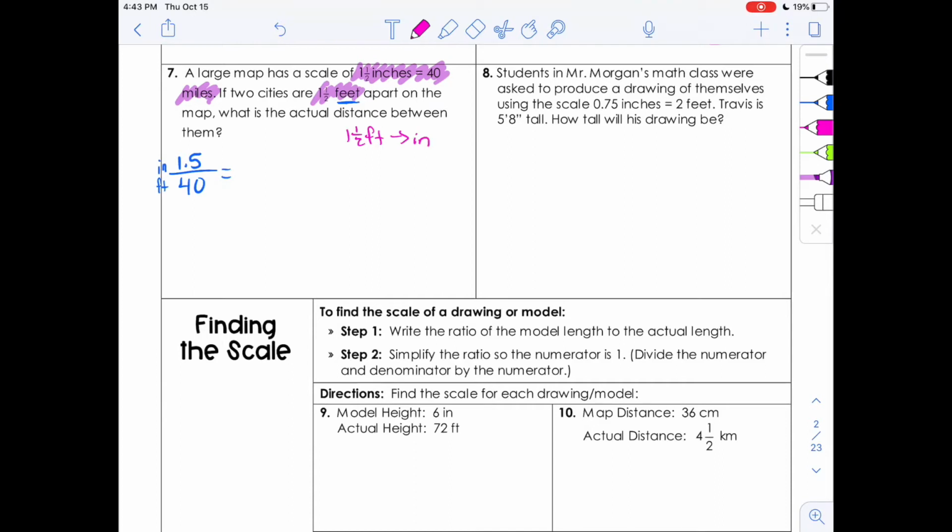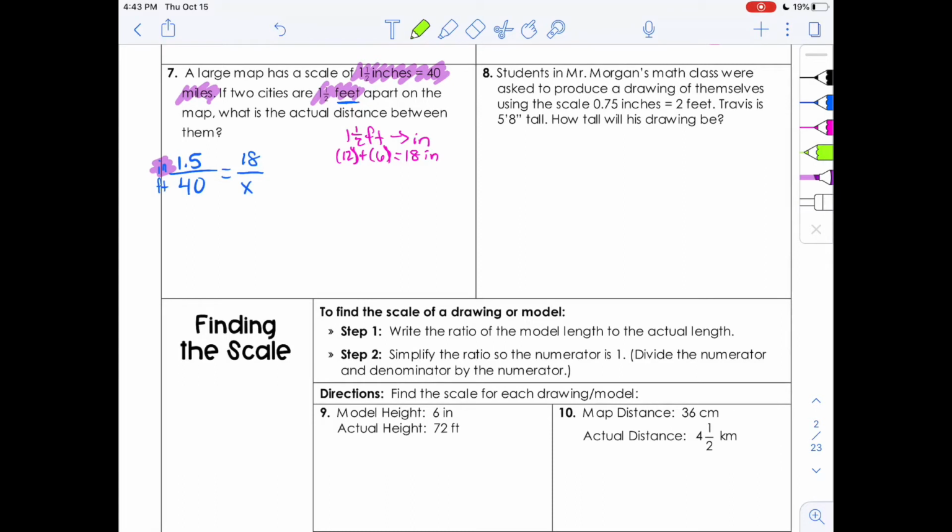So the whole, that 1, that's 12, plus a half of a foot is 6 inches. So 1.5 feet is a total of 18 inches. So we're going to be using 18 inches in our ratio. Because remember, we want everything to line up by our units. So since I'm using inches here, I need to use it all the way across.